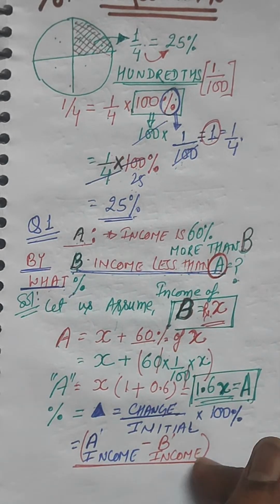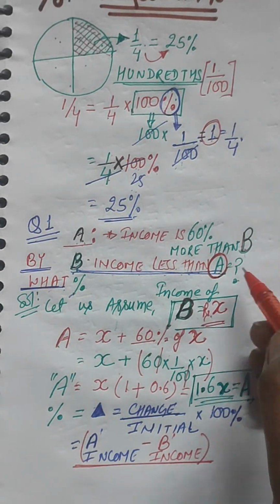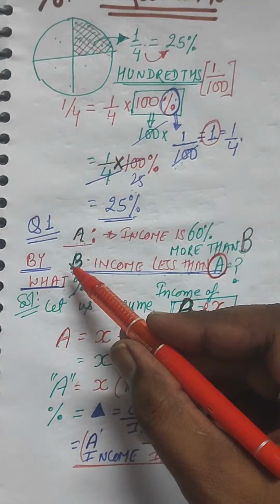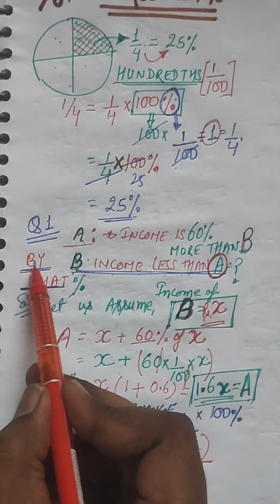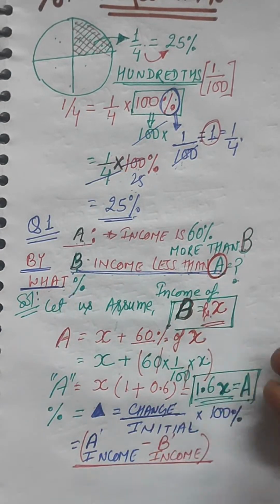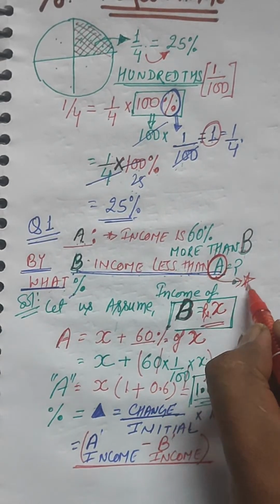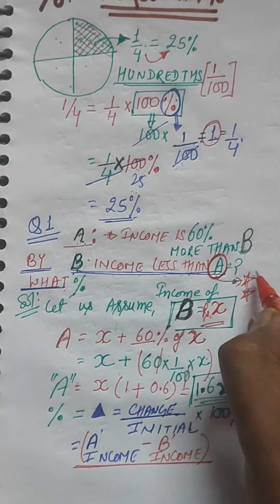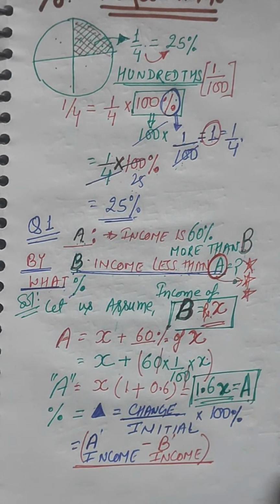To understand this, just think once and read the question again if you are getting confused. Don't get confused. You are 100% right. When you read the question, by what percent B's income less than A, the comparison needs to be done with respect to A only. So A is the main person, right?